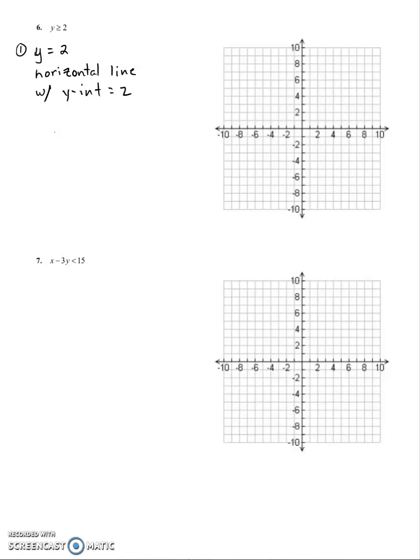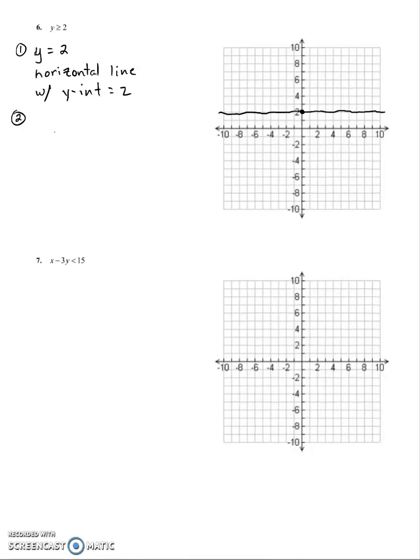So we go up to 2, and it's a horizontal line. Now this one's a solid line because we have greater than or equal to.